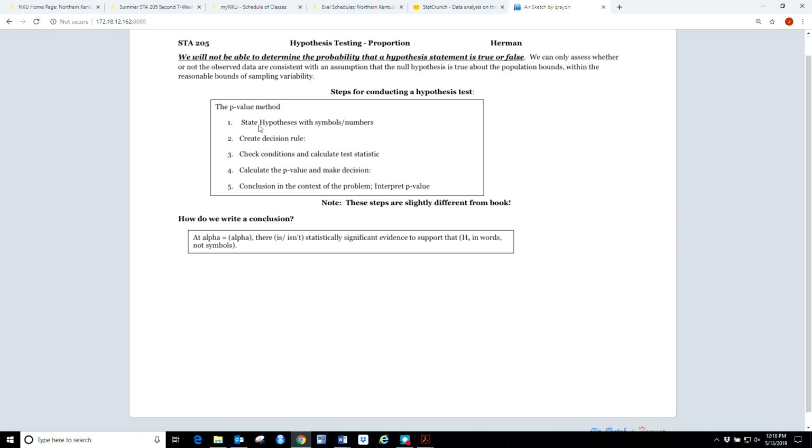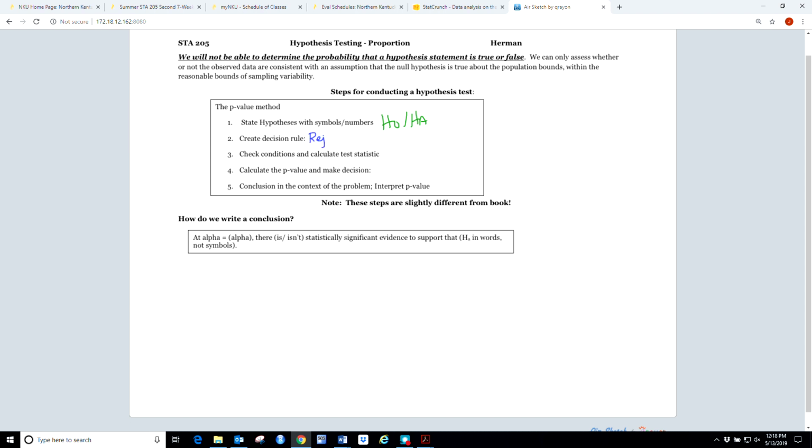So, our 5 steps are going to be: first, state our hypotheses with symbols and numbers. This means I'm going to come up with what my H0 should be and my HA should be. So determine what those should be. My second step is going to be to create my decision rule, which will look the same every single time.